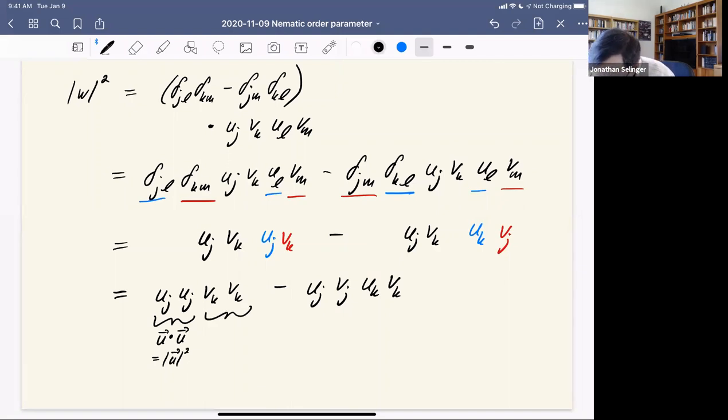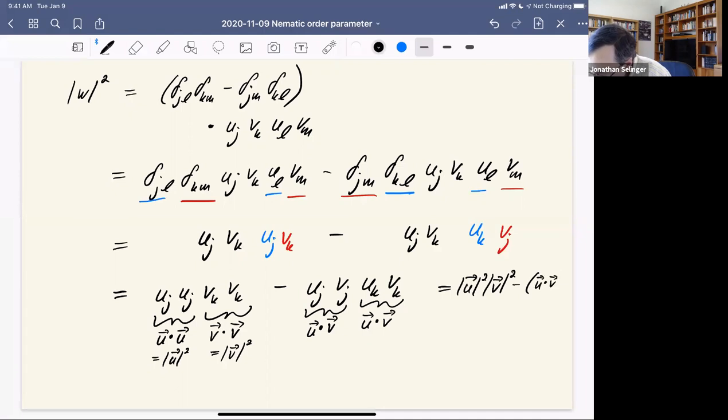Similarly, v_k v_k is v dot v, which is the magnitude of v squared. u_j v_j is u dot v. u_k v_k is also u dot v. So this whole thing simplifies to u squared v squared minus u dot v squared.